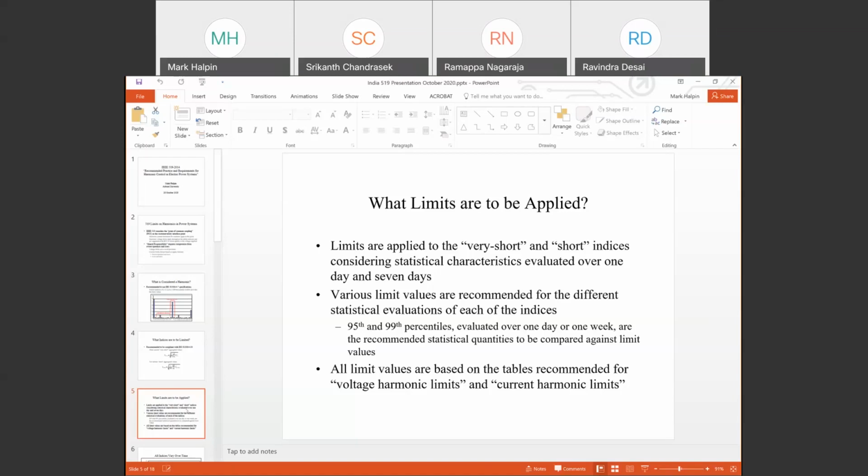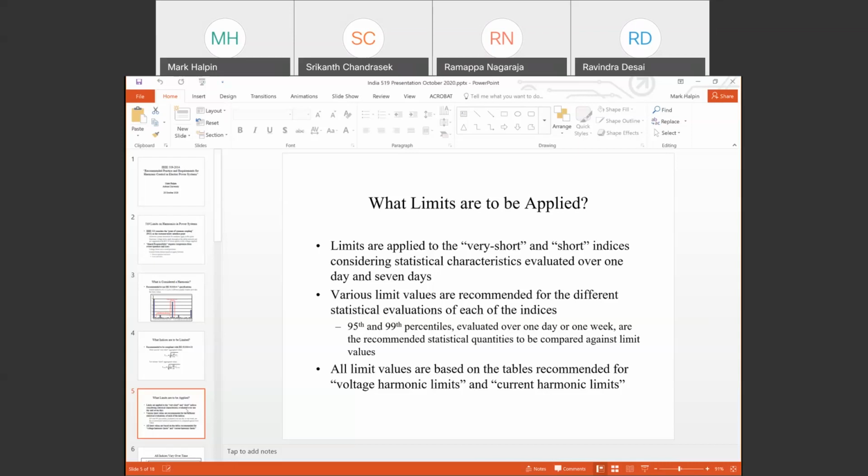So all the limit numbers and all the tables that we'll go through apply to statistical characterizations determined over one day or 1 week. It's not possible to apply the limit numbers to 1 hour of data or 3 days of data.